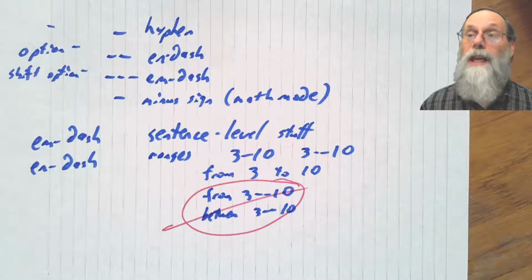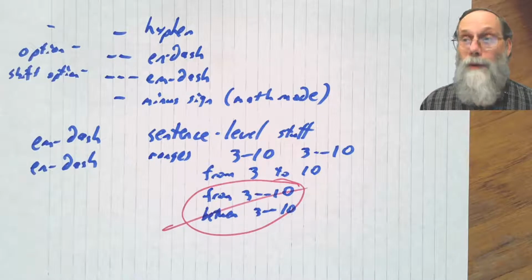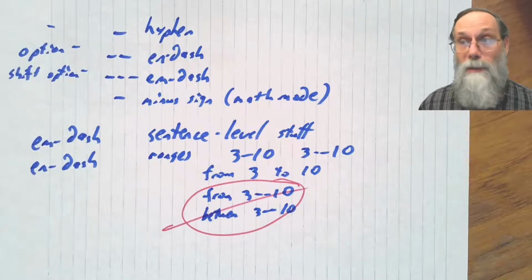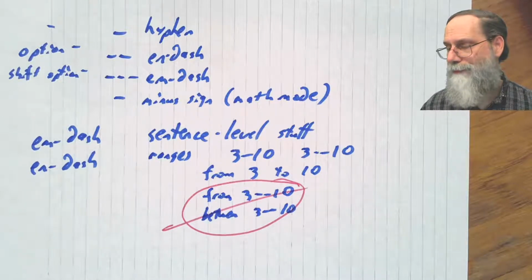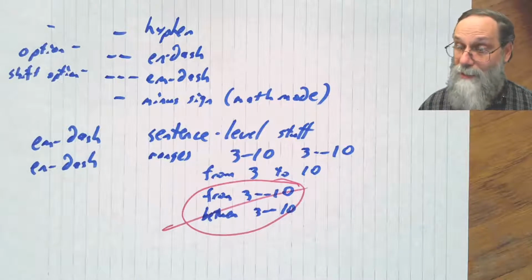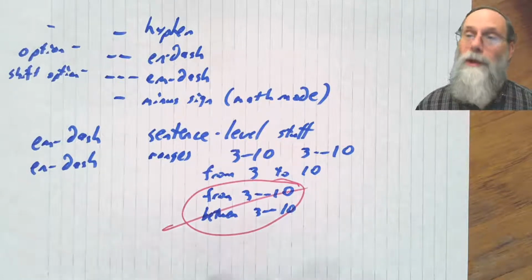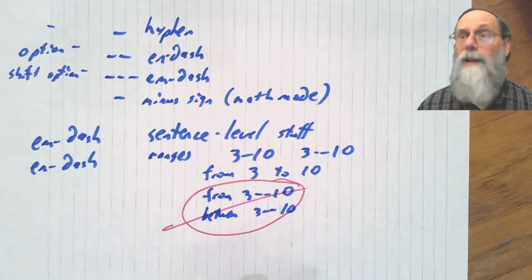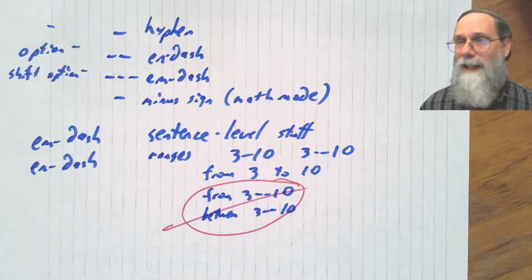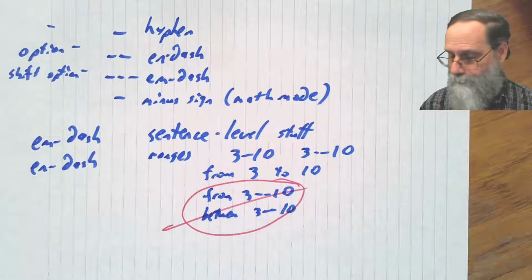When you're having to do the typography yourself, you have to know what you're doing, and that means no spaces around your hyphens, or your N-dashes, or your M-dashes. None of these take spaces. When you're in math mode, spaces don't matter. The math mode takes care of all the spacing for you.